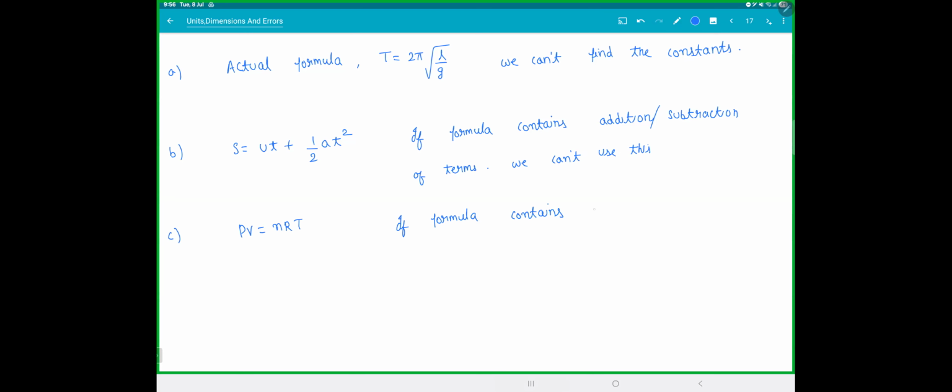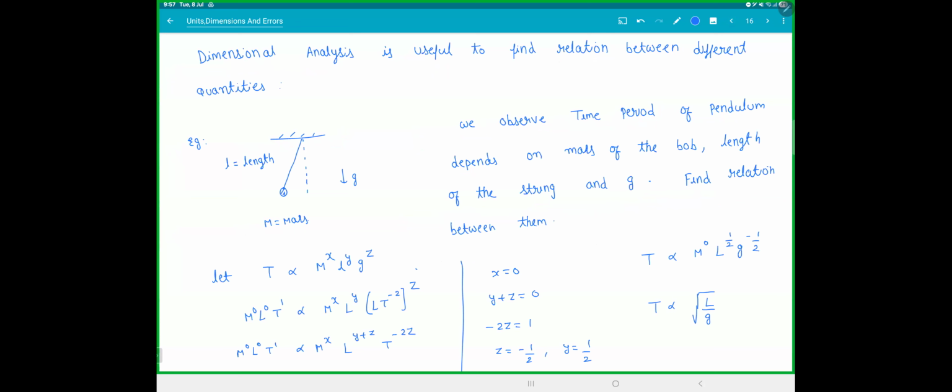If you have more than 3, it's very difficult to solve. We won't have enough equations. So there are a lot of restrictions. So this formula has to be only a single term. It should have only 3 dimensions, MLT or something like that. You can't have a formula which is like A plus B, something of that sort.